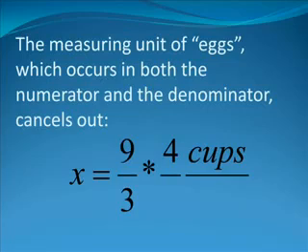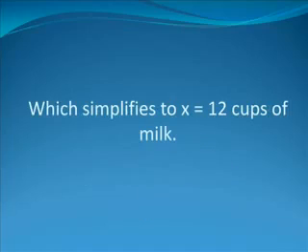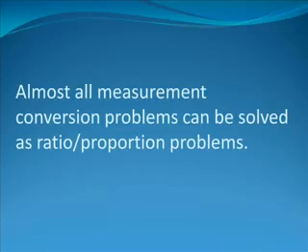At first we have x equals 9 eggs times 4 cups divided by 3 eggs once we multiply both sides by 9 eggs. The eggs cancel out and we are left with x is equal to 9 times 4 cups divided by 3. And multiplying, we have x equal 36 cups divided by 3, which simplifies to x equal 12 cups of milk.